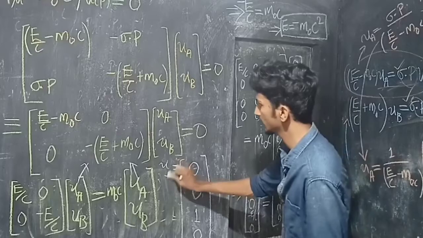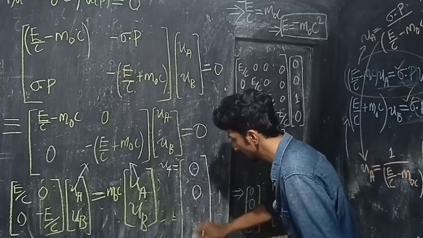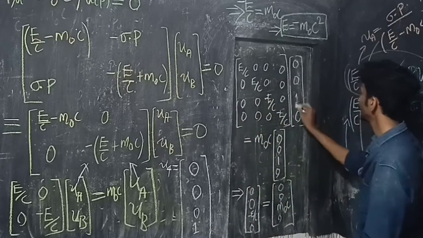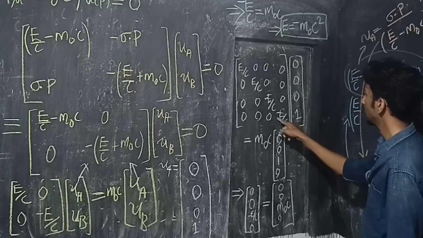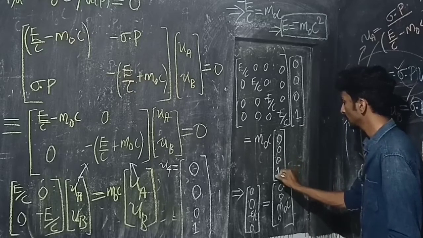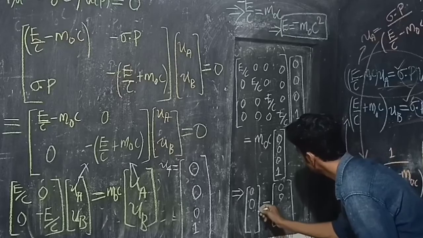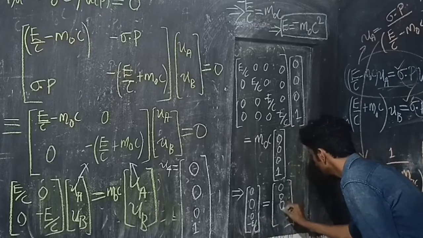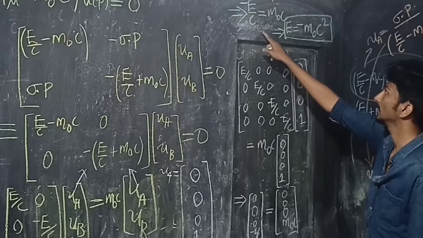Let me analyze the U4 spinor too. We can write the U4 spinor in the rest frame as 0, 0, 0, 1, and this one projects minus E by C, 0, 1, minus E upon C, 0, m naught C, and that gives the same result as the U3 spinor does.